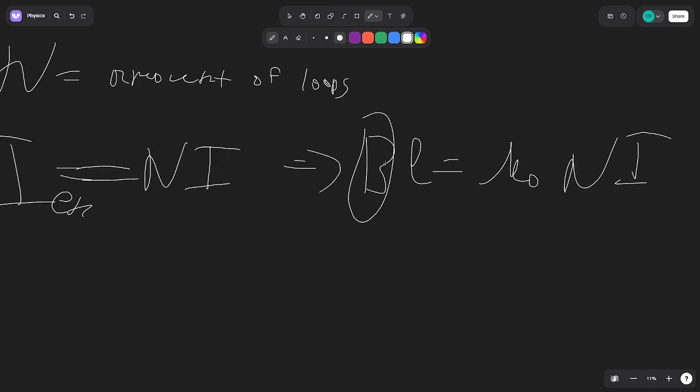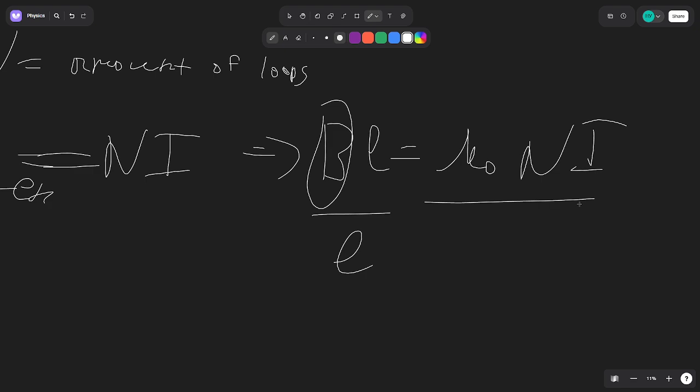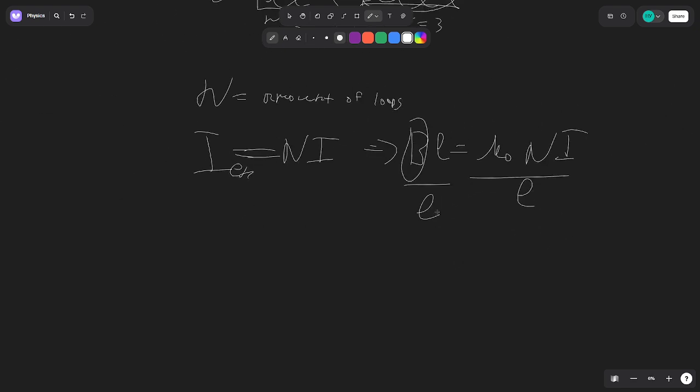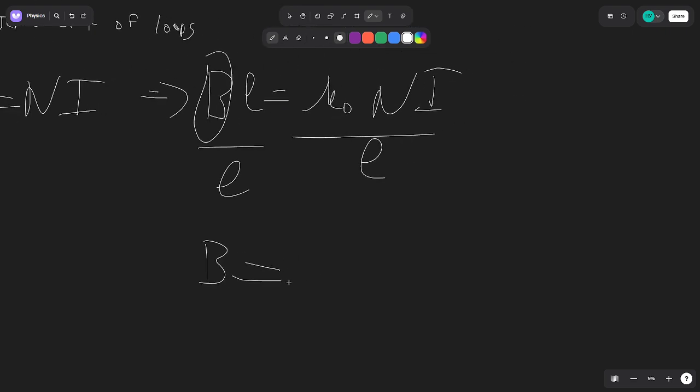If we need to find exactly the magnetic field, we should divide everything by L. And then we get the magnetic field equals this.